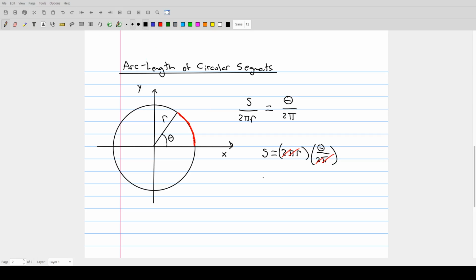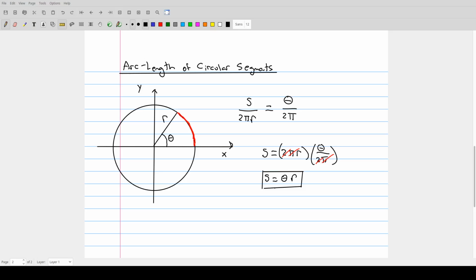And therefore, the arc length of any segment of a circle is just the angle theta times the radius r. So this is the first big result that we have. This is saying that no matter how far along you move along the circle, you can always determine the length at which you move, which is very, very useful.